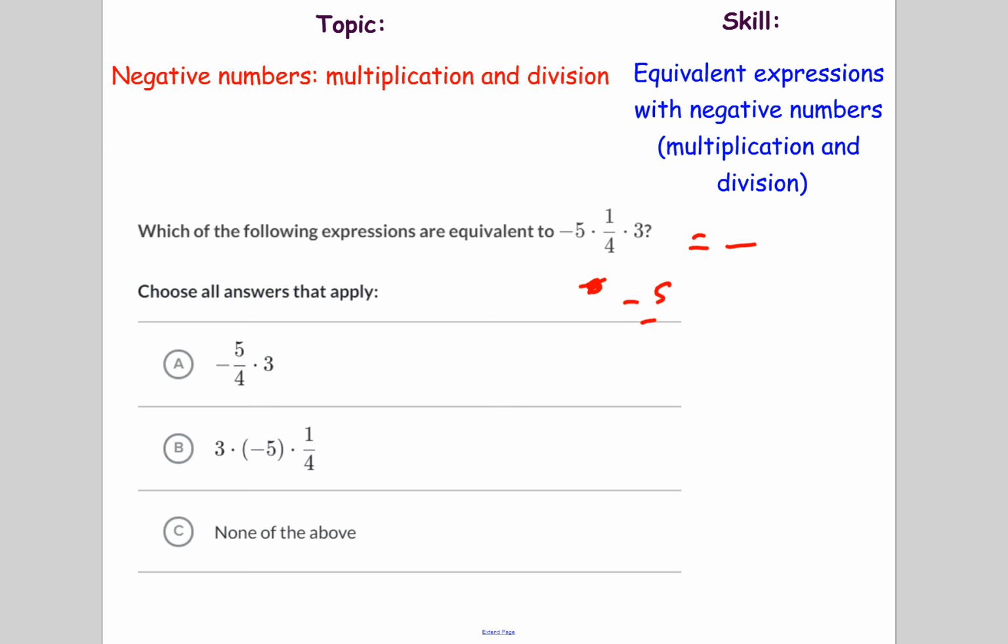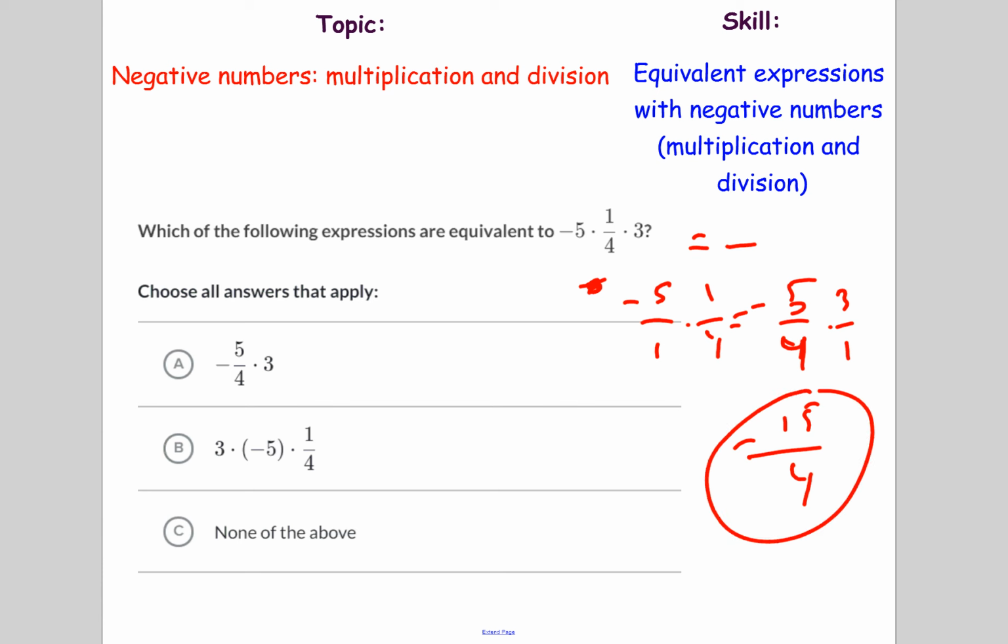This is negative 5 over 1 times 1/4, which is negative 5 over 4. And we're going to take that and multiply it by 3 over 1, which is going to give me negative 15 over 4. So this comes out to negative 15 over 4.